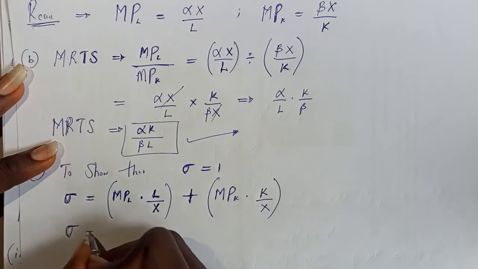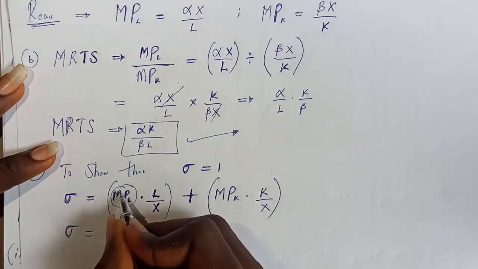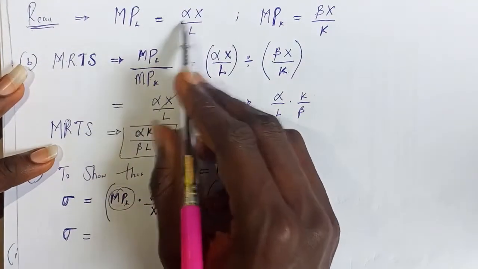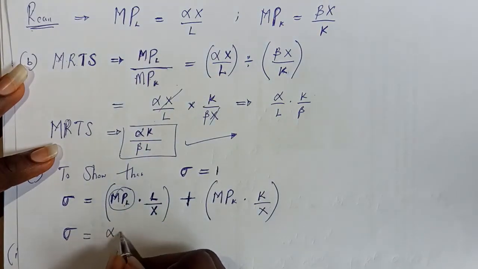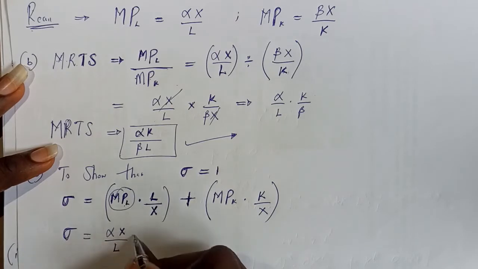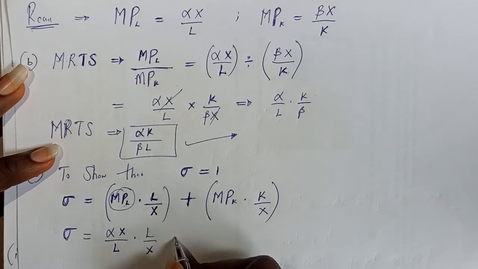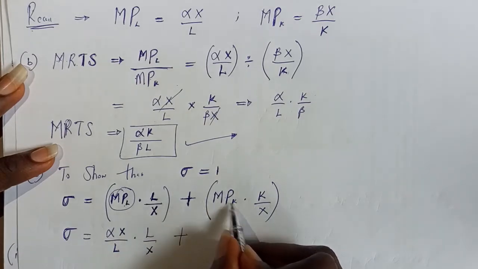So then you have sigma equals to, the result I got here was what? MPL is alpha x over L. I have alpha x over L, so I need to multiply this by what? L over x, right? So then plus the MPK.